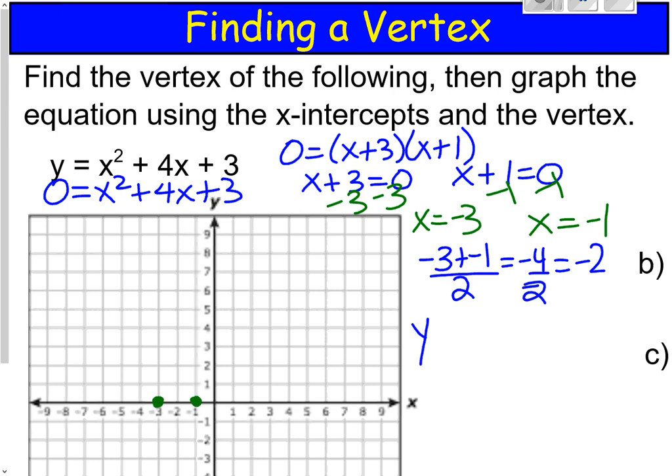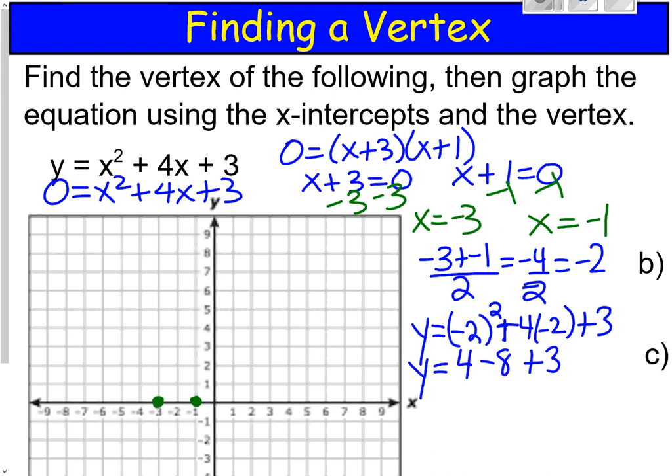And then, of course, we're going to plug that back into our original equation, plus 4 times negative 2 plus 3. So 4 minus 8 plus 3, which is going to be negative 1.